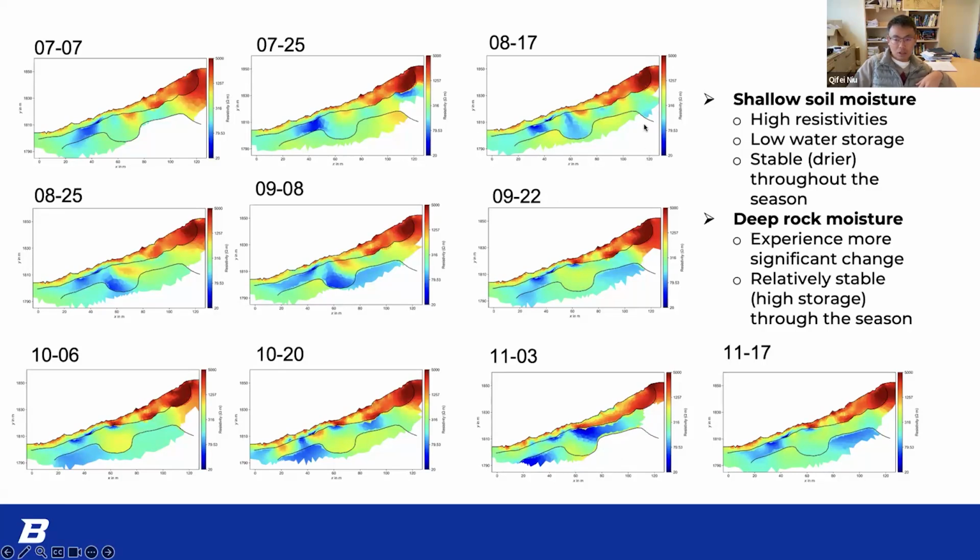On the slope top, we didn't really see anything. It's just dry all the time. That's also why this part of the region has no conifer trees at all. If you recall the satellite image, the conifer trees are only at the bottom and the lower half of the slope.